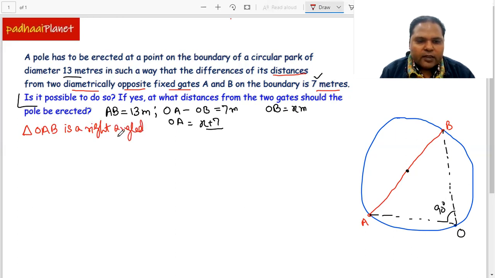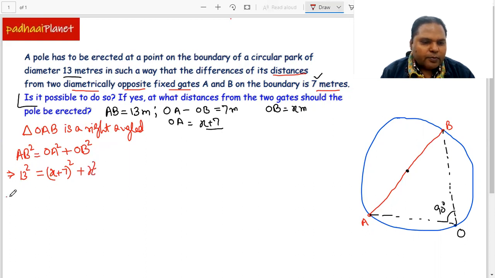And if that is the case, then AB square is equal to OA square plus OB square. Now let's put these values. AB means 13 square is equal to OA, and OA is x plus 7. So let's put it like this, (x plus 7) whole squared, plus OB is x meters. So that's x square.